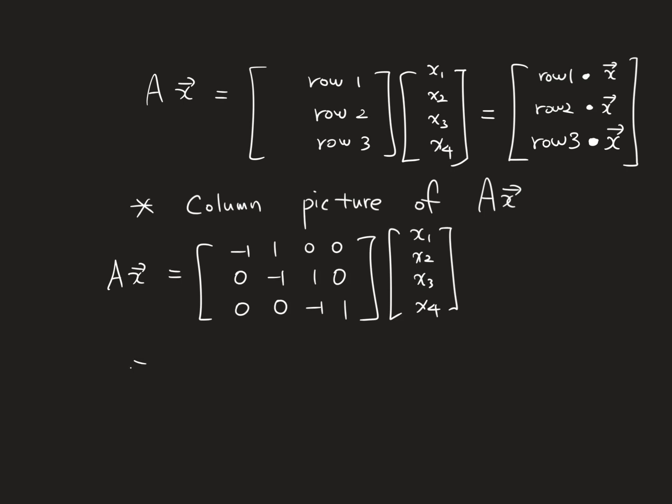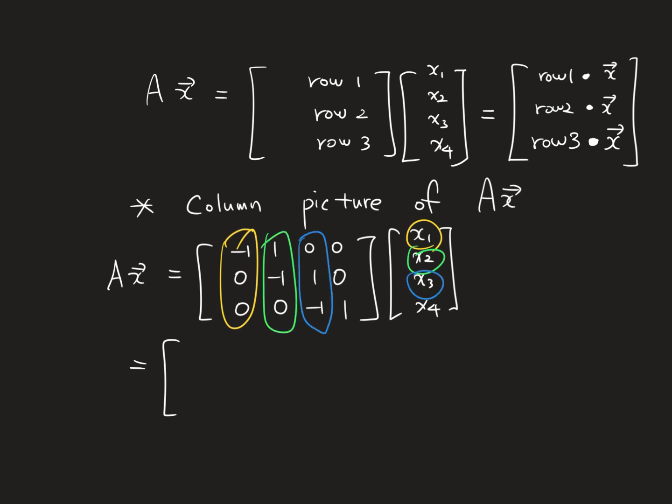As we know, x1 multiplies the first column, x2 the second column, x3 the third column, and x4 is the weight of the fourth column.